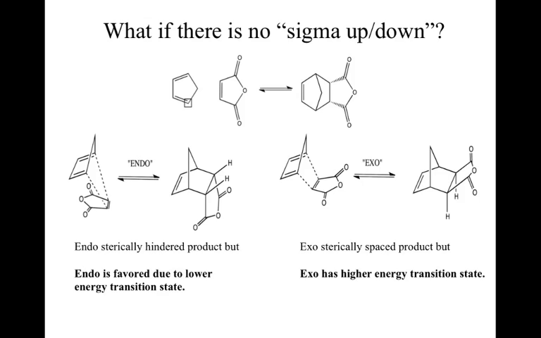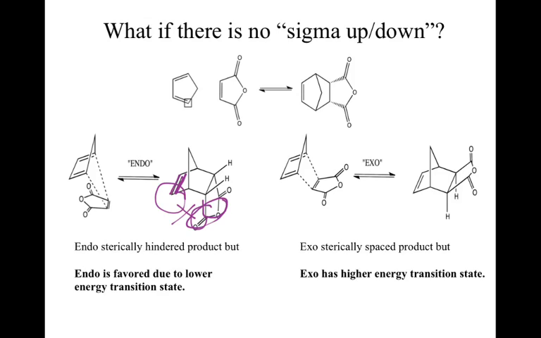If we go through and look at some of these results, the endo is a sterically hindered product. Well, what do we mean by sterically hindered? I've got this 2-carbon bridge near all of this electron bulk. So we've got electron bulk butting up against electron bulk. That's bad. So the product energy is going to be higher because of this steric hindrance.